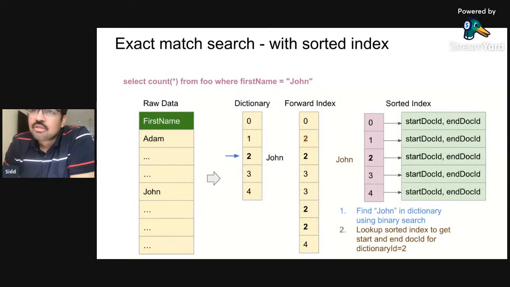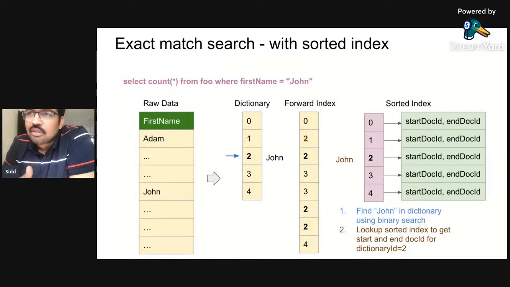Okay, so now we support another kind of index, which is called a sorted index. Let's say the table was actually sorted on your first name column. Again, the process is more or less simple. The structure of the sorted index is slightly different from the inverted index. In this case, the mapping is again from a dictionary ID, but instead of a bitmap of document IDs, we have a tuple: a start doc ID and an end doc ID.